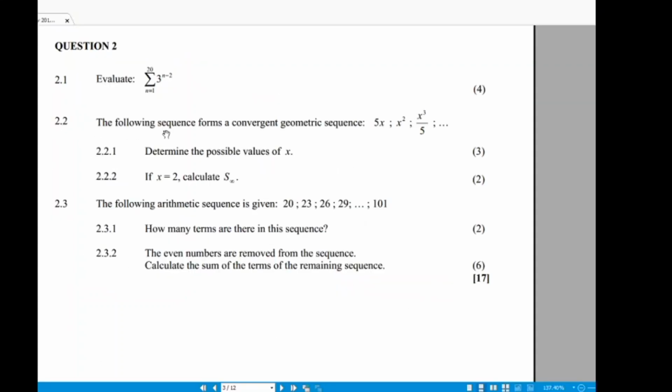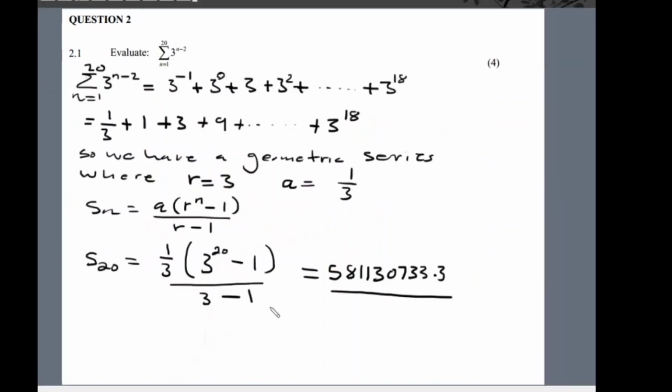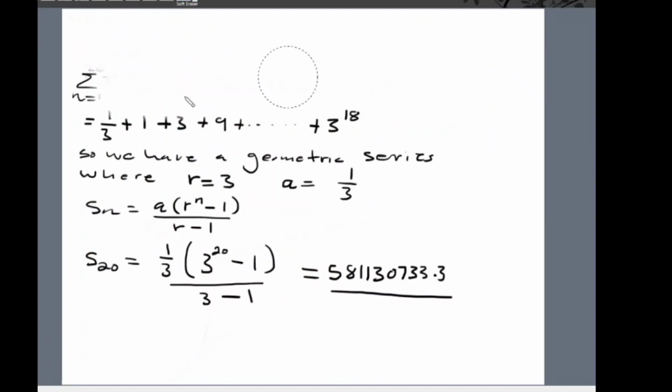Okay, moving to the next question, which is 2.2. The following sequence forms a convergent geometric series: 5x, x squared, x cubed over 5. Determine the possible values of x. I'll scroll and create space for question 2.2.